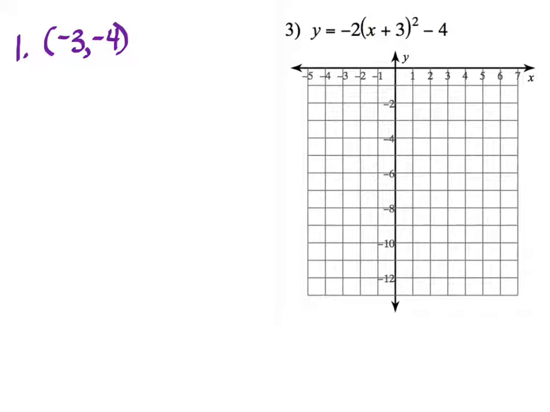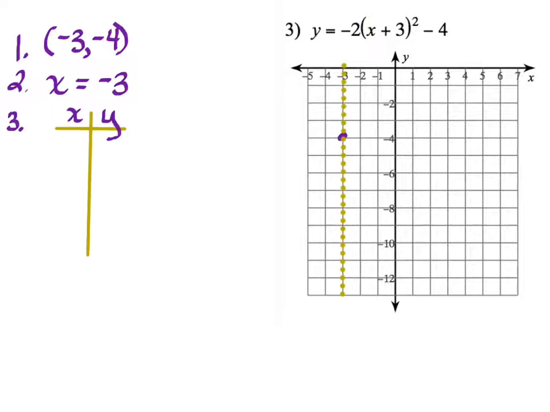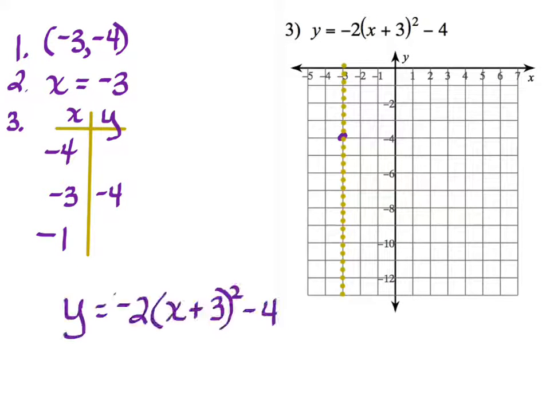Identify the vertex. Again, we talked about that in the last lesson. Then the axis of symmetry and table of values, a little to the left and a little to the right. Notice that this is 1 unit away from -3 and this is 2 units away from -3. Start with your template, remove x and start with -4.